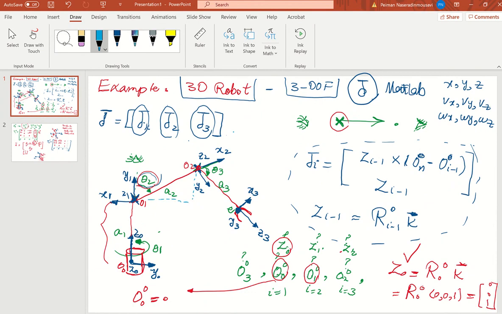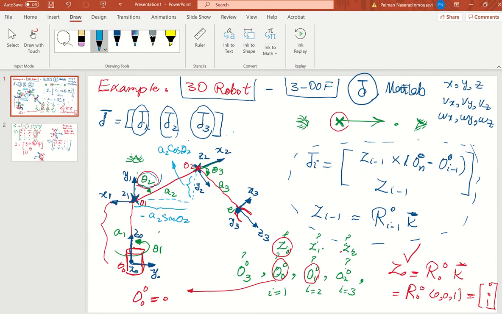So the origin of 2 with respect to 1 is going to be a2 sine theta 2. Plus or minus in the x direction? Minus, because this is positive, this is going to be negative. And this is how much? This is a2 cosine theta 2 in the y direction. That's right. This is trigonometry.